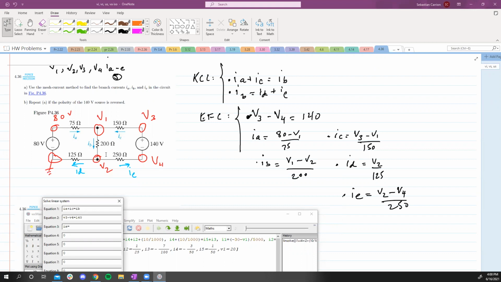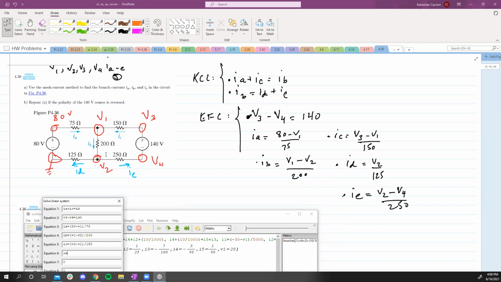IA equals 80 minus V1 over 75. IB equals V1 minus V2 over 200. IC equals V3 minus V1 over 150.